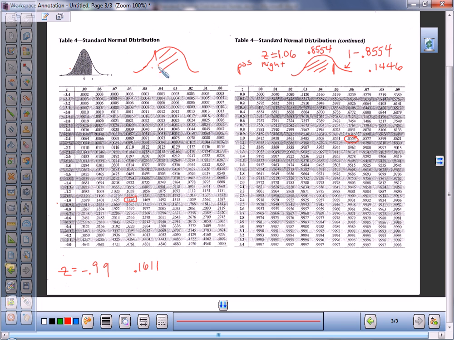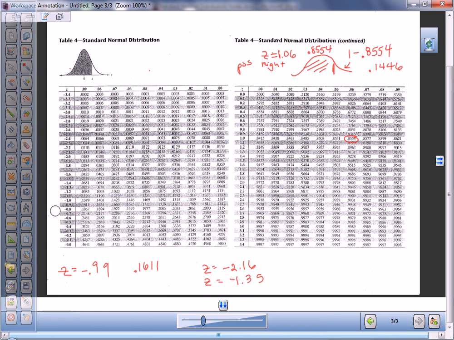In this one we are looking at a z-score of negative 2.16 and a z-score of negative 1.35. Let me erase these so we don't get confused. Negative 1.35, so you go over to the 5.